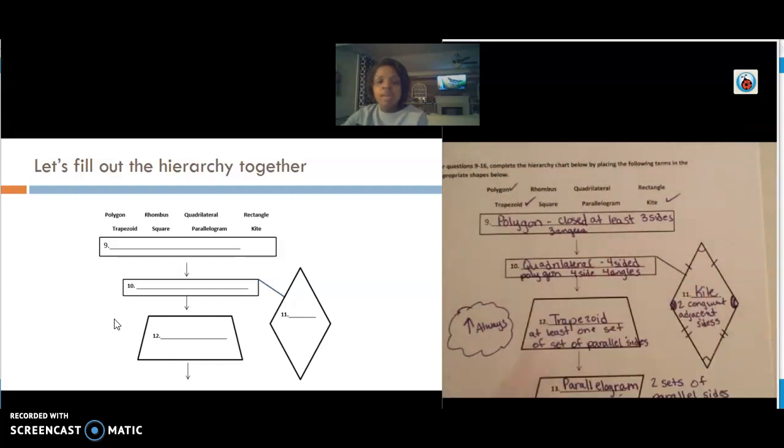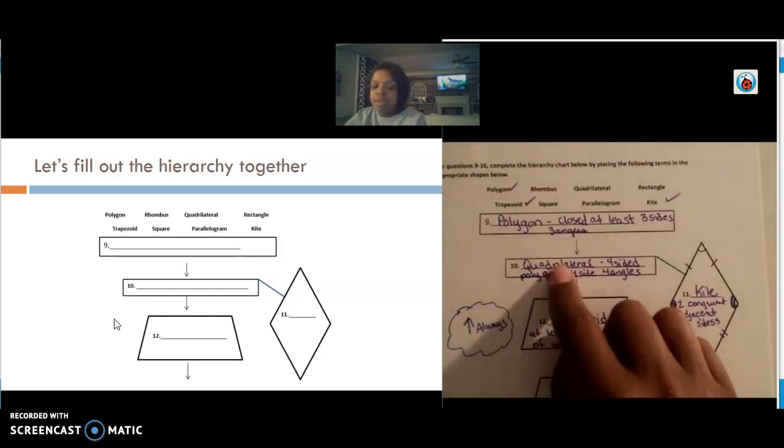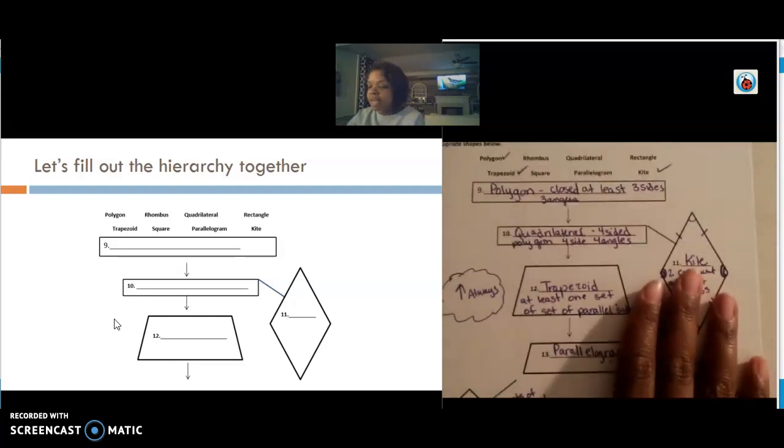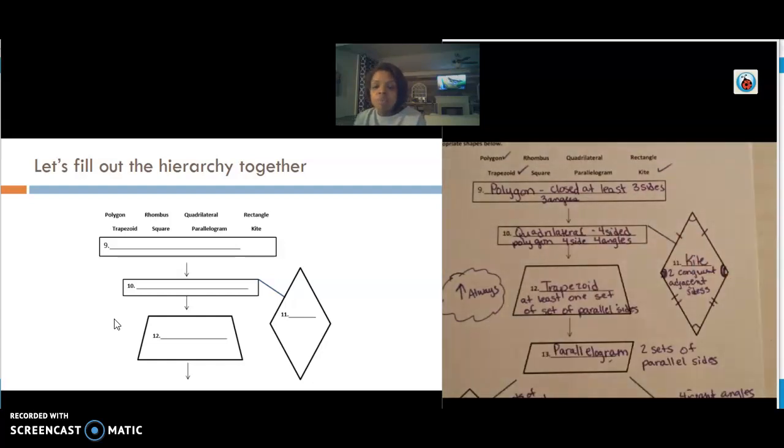Okay, so moving down, we're going to get more specific, and since we're talking about quadrilaterals, let's go there. In order to be a quadrilateral, you just have to have 4 sides, 4 angles, and be a polygon, which means no curves, no over-intersecting. Okay, so there are different types of quadrilaterals.